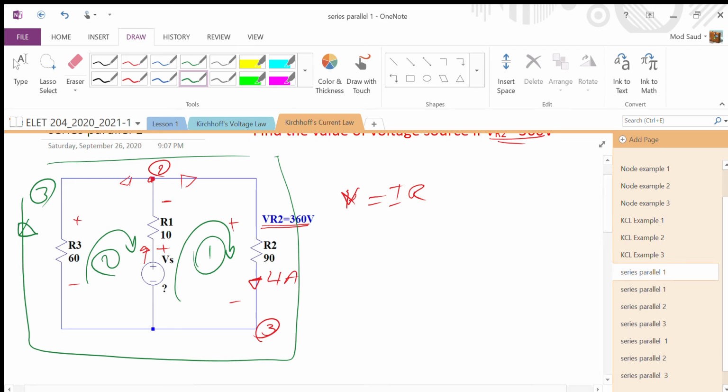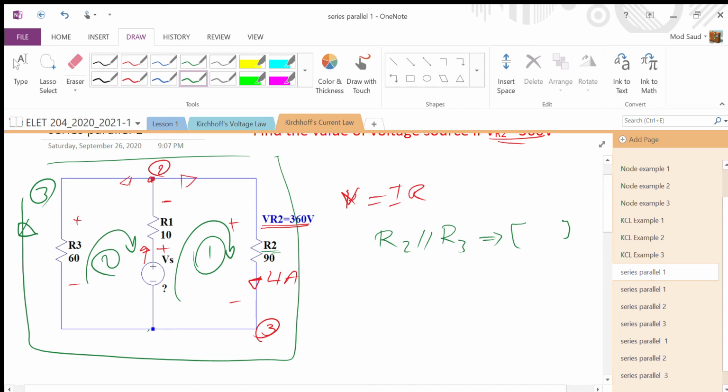If you notice, R2 is across node 2 and 3. R3 is between node 2 and 3 too. So R2 is in parallel with R3. Since they are parallel, they have the same voltage. This is the definition of parallel.